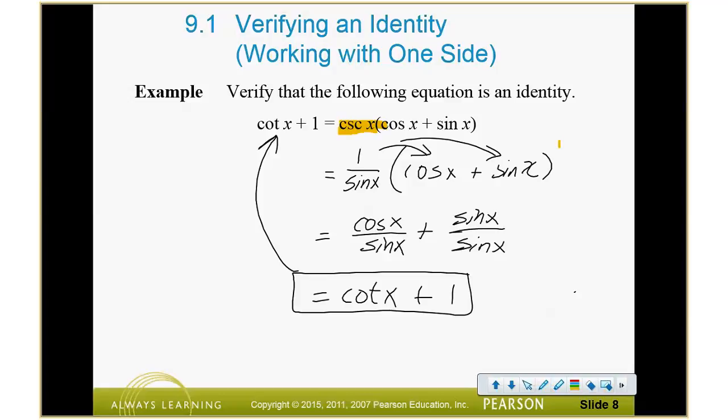Remember, you're remembering these guys right here too. One of the reasons you don't have to remember the reciprocal identities is because you remember these guys: sine, cosine, tangent, cotangent, secant, and cosecant.